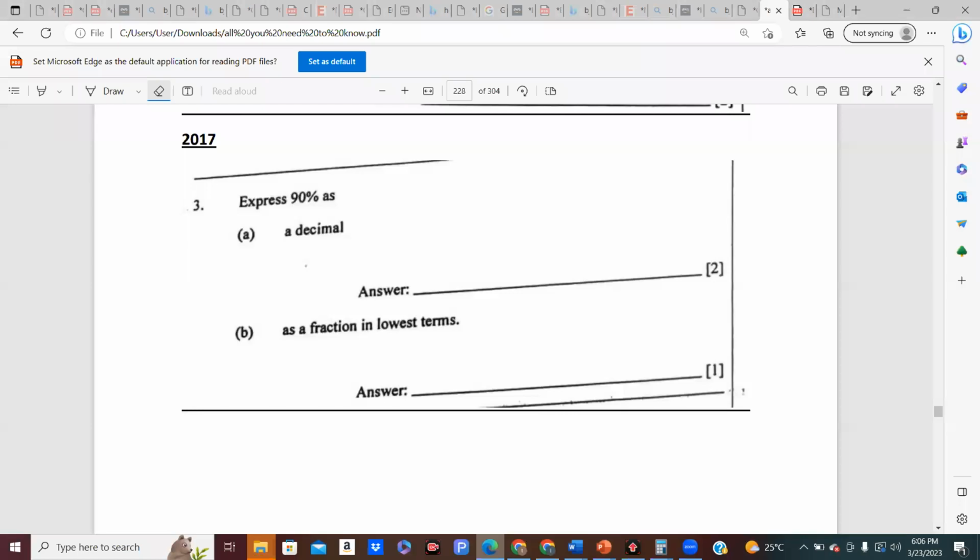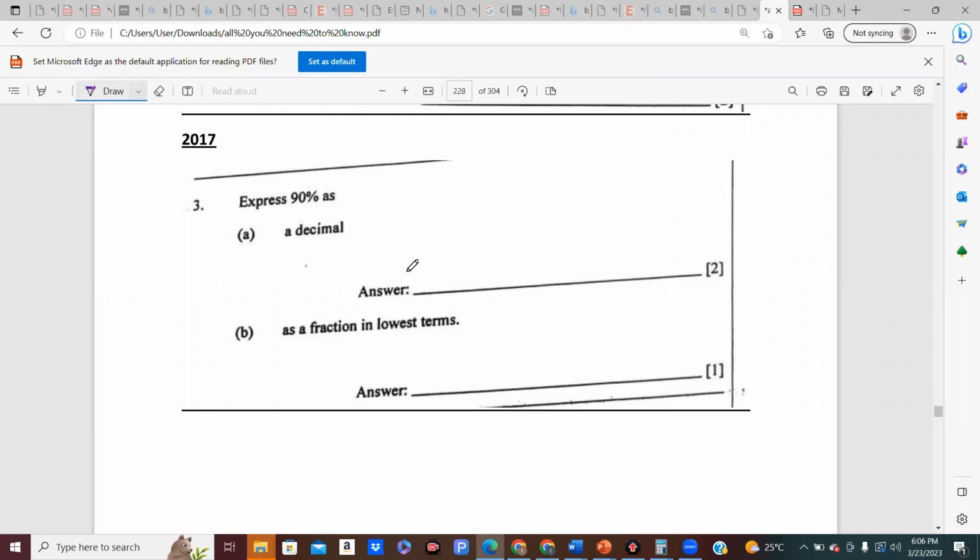So this one is very easy. It's the first one. It says express 90% as a decimal.